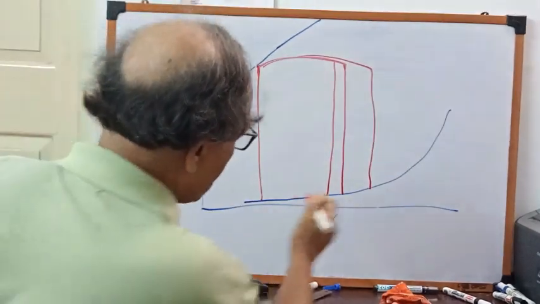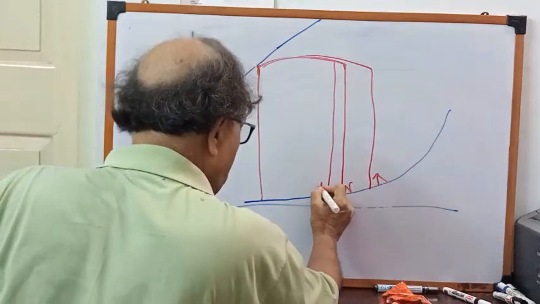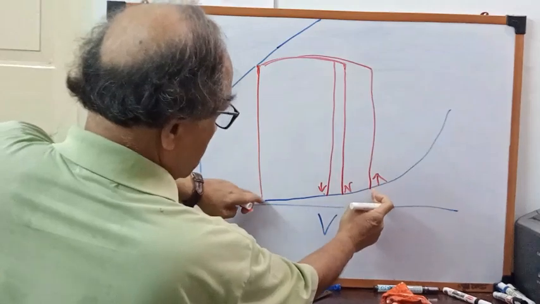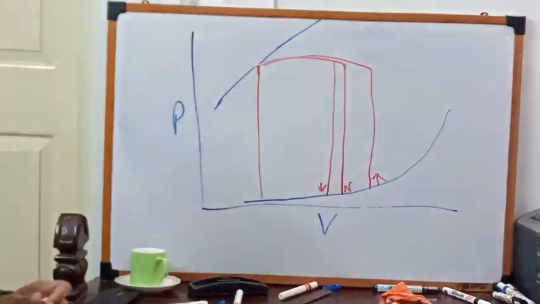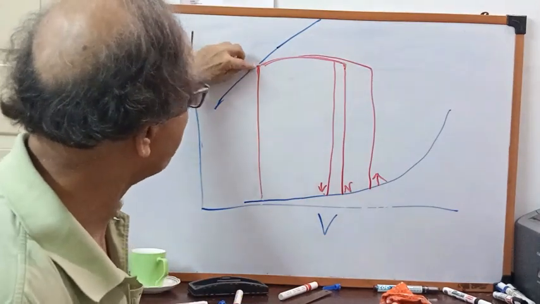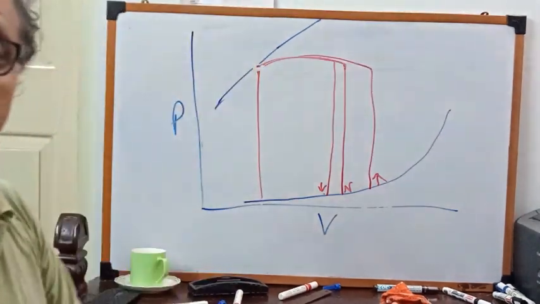So this is a normal preload, this is increased preload, and this is decreased preload. With normal preload, this is normal stroke volume. With increased preload, this is increased stroke volume. With decreased preload, there is decreased stroke volume. So just by this diagram here, every time this point is fixed.